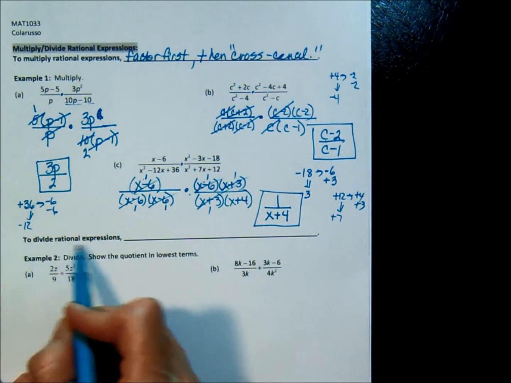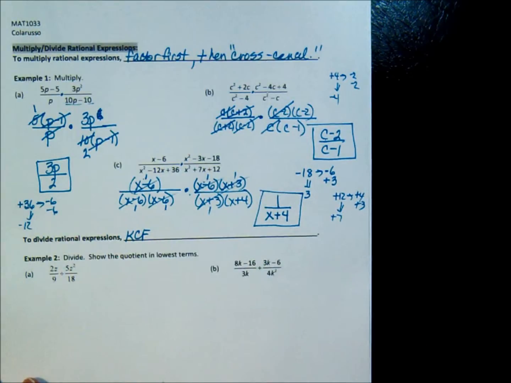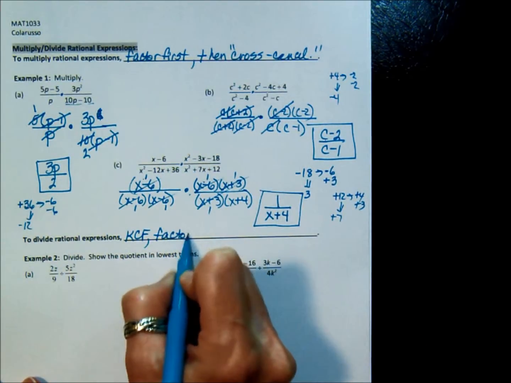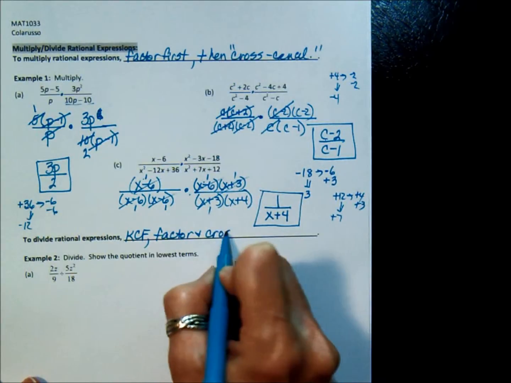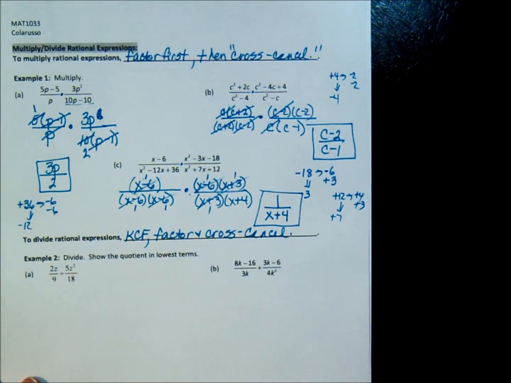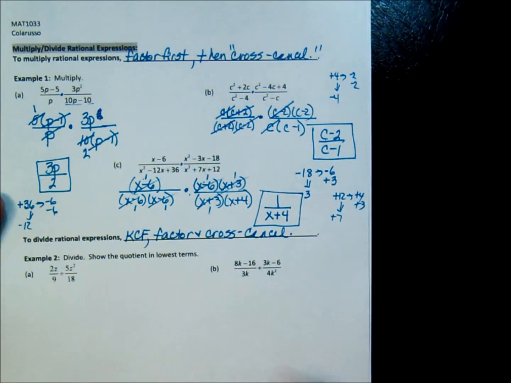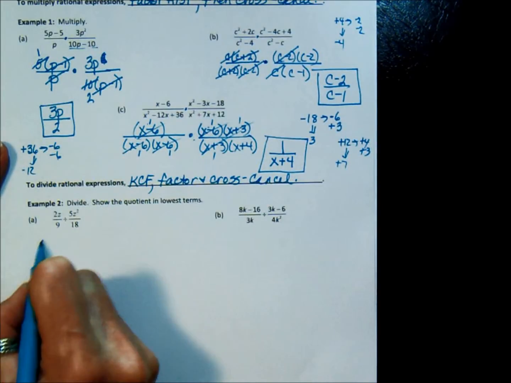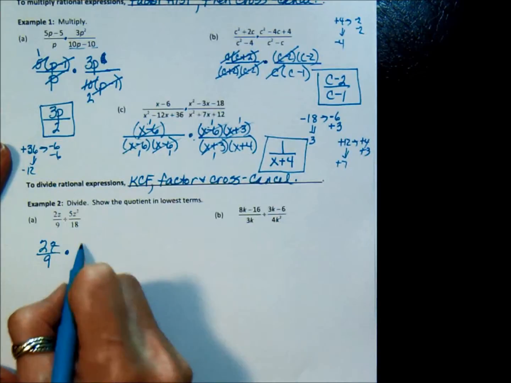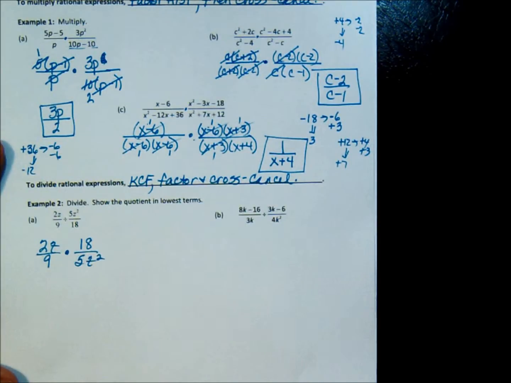To divide rational expressions, we keep, change, flip, just like we do with fractions. Then you factor and cross cancel. So it works the same as rational numbers or fractions. So we have example 2a. Let's go ahead and keep the first, change to multiplication, flip to the reciprocal of the second.